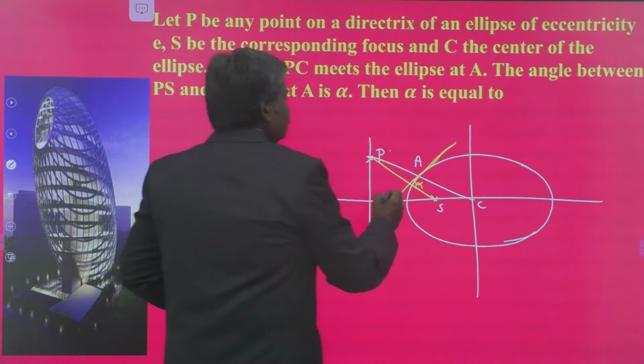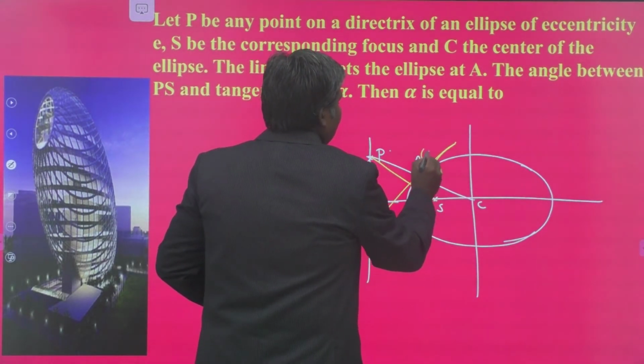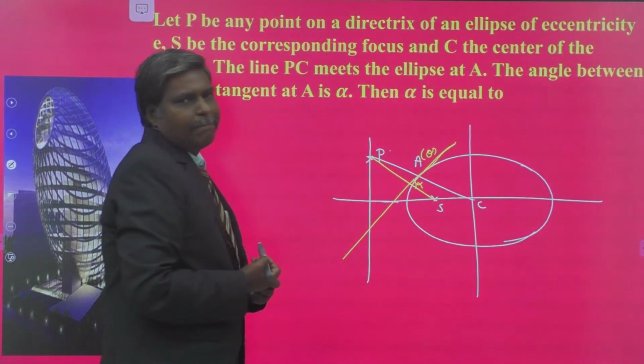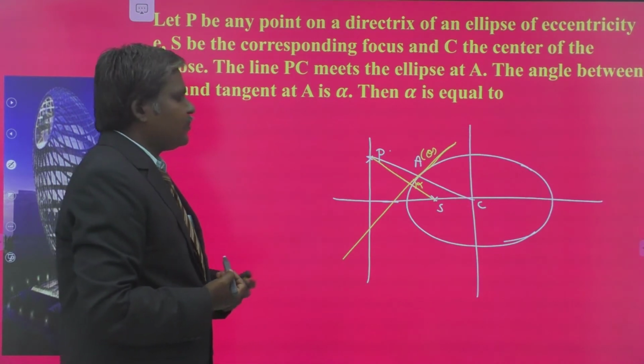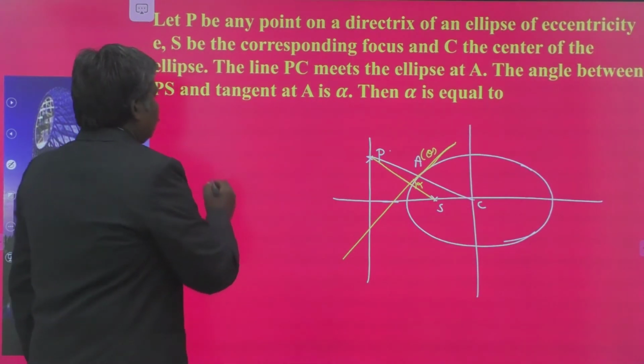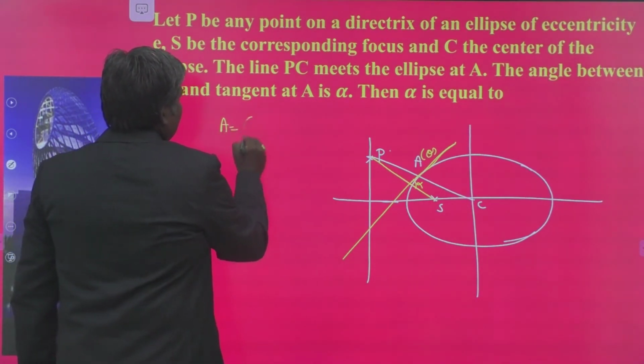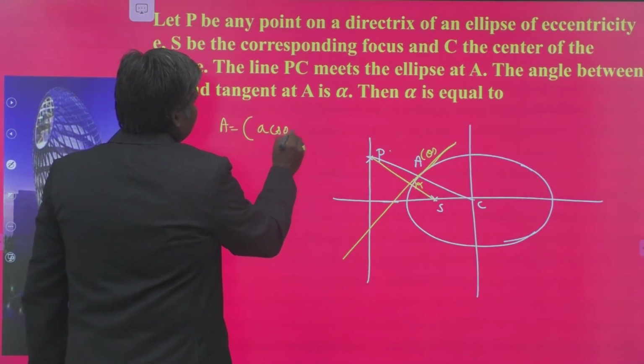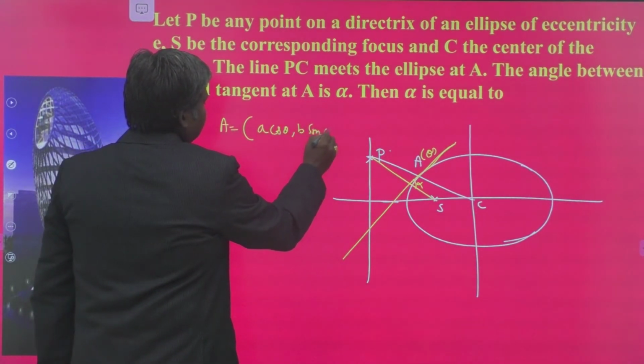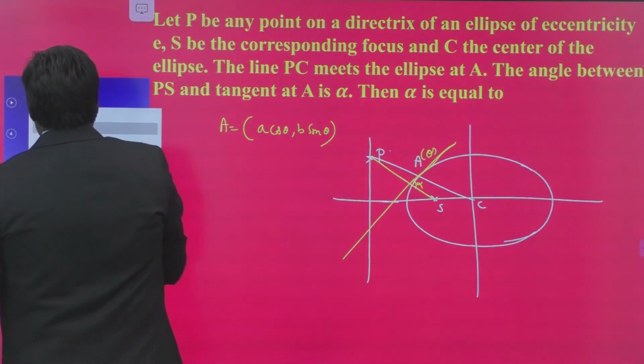Suppose the coordinates of A are a cos theta, b sin theta, as the parametric form is suitable. Can you write the equation of the tangent at theta?